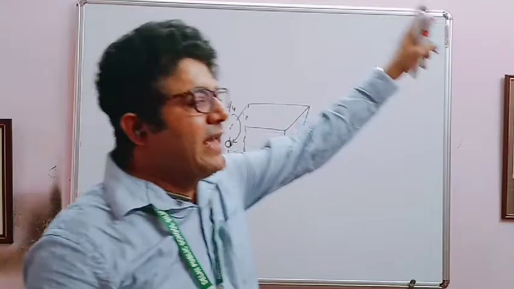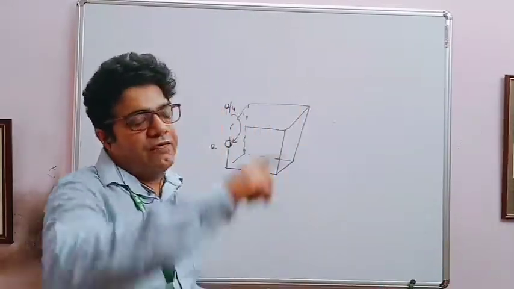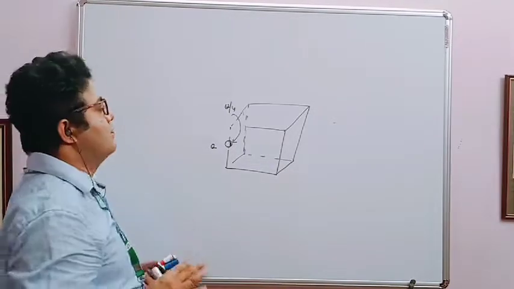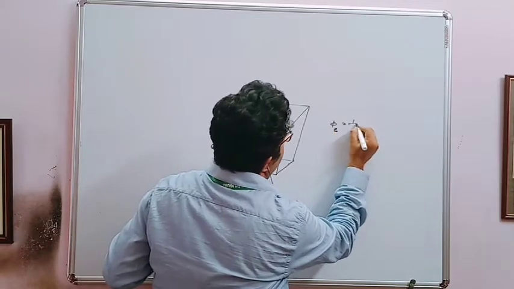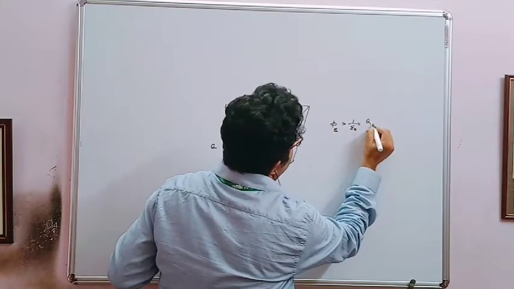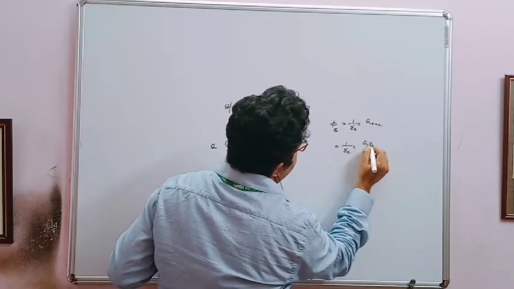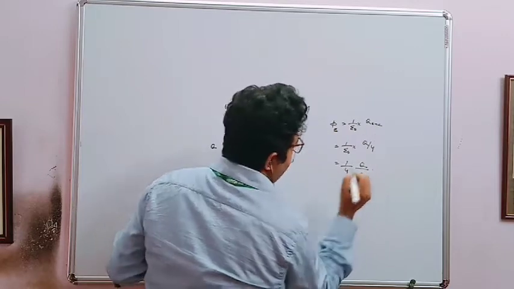Means if you have a beam and that beam is connected with 4 rooms, or if you have a pillar, the pillar is connected with 4 rooms. So electric flux is 1 by epsilon naught. How much charge enclosed? 1 by epsilon naught into Q by 4. So your answer is Q by 4 epsilon naught.